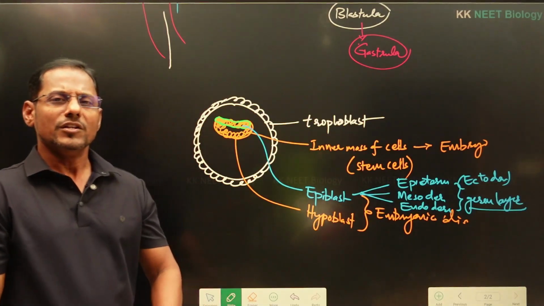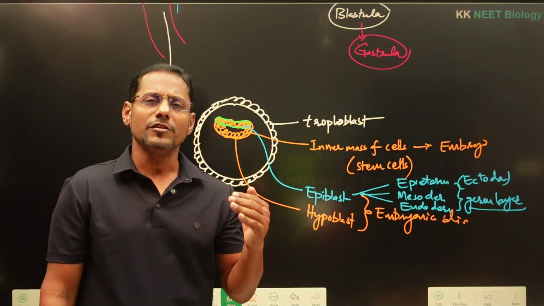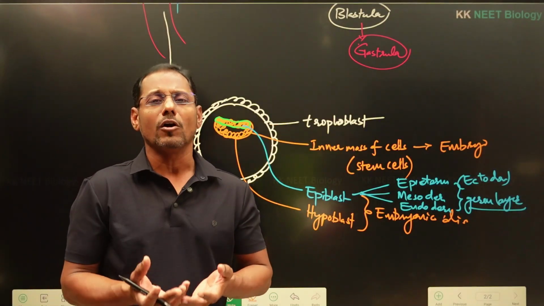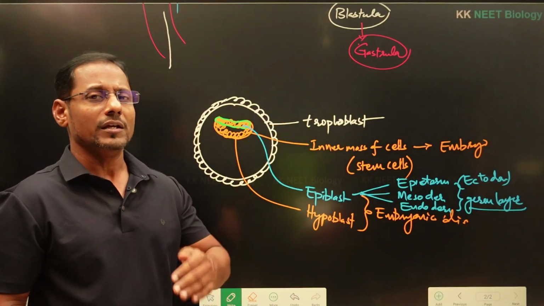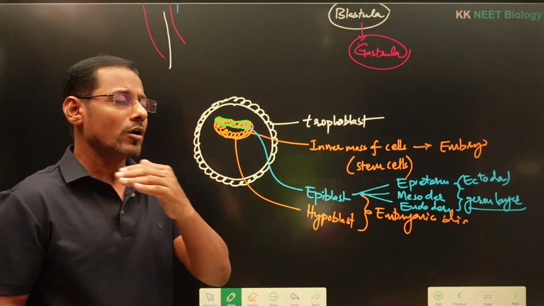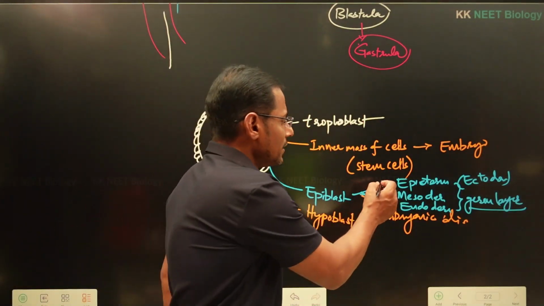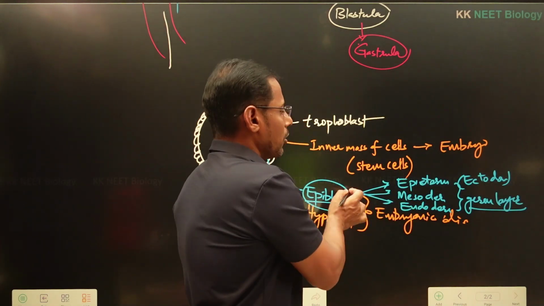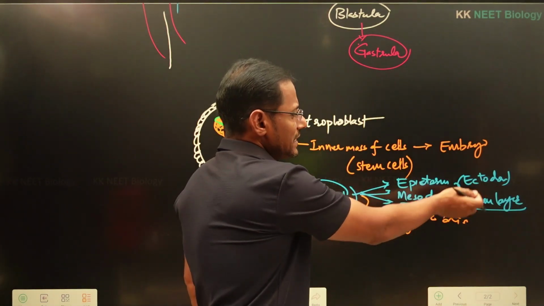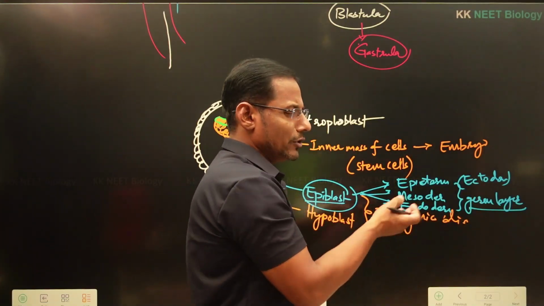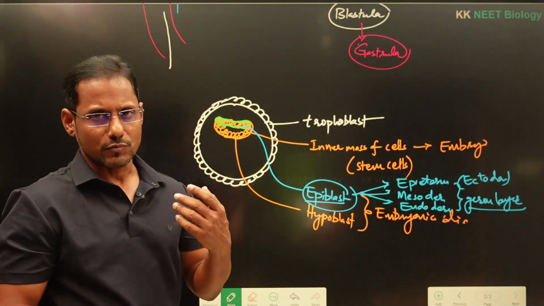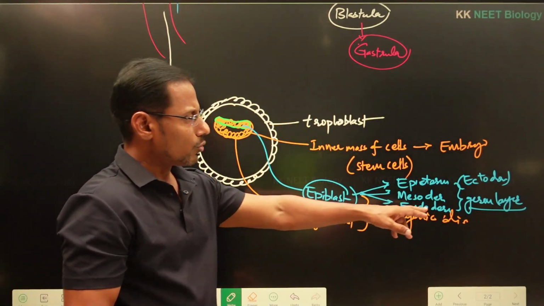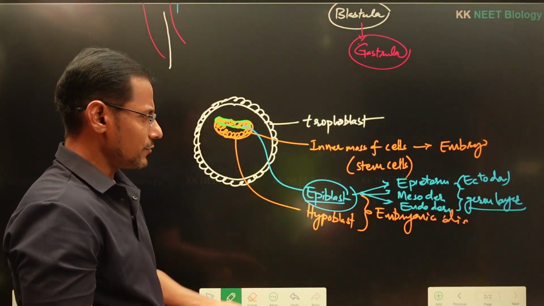Germ layers means the various different systems and organs present in the embryonic body, in the baby's body, are going to be developed from these three layers which develop from the epiblast. From the ectoderm, mesoderm and endoderm, so many organ systems are going to be developed. So these are known as germinal layers or germ layers.